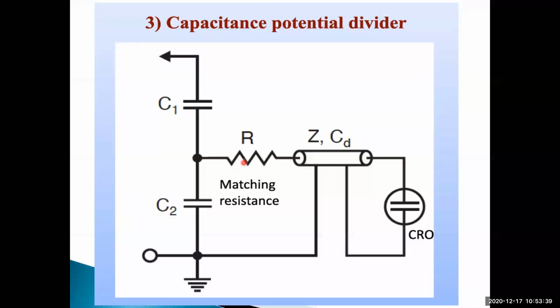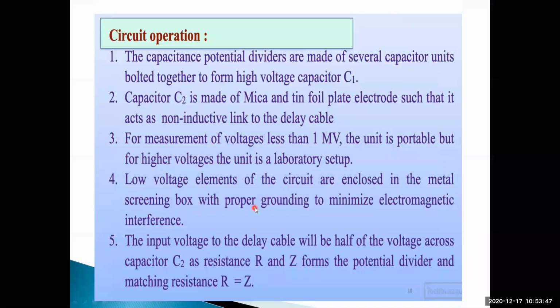Because of the inductance effect, there are transients and oscillations observed in the wave shape. That's why, to avoid these wave oscillations, the capacitor C2 must be non-inductive.